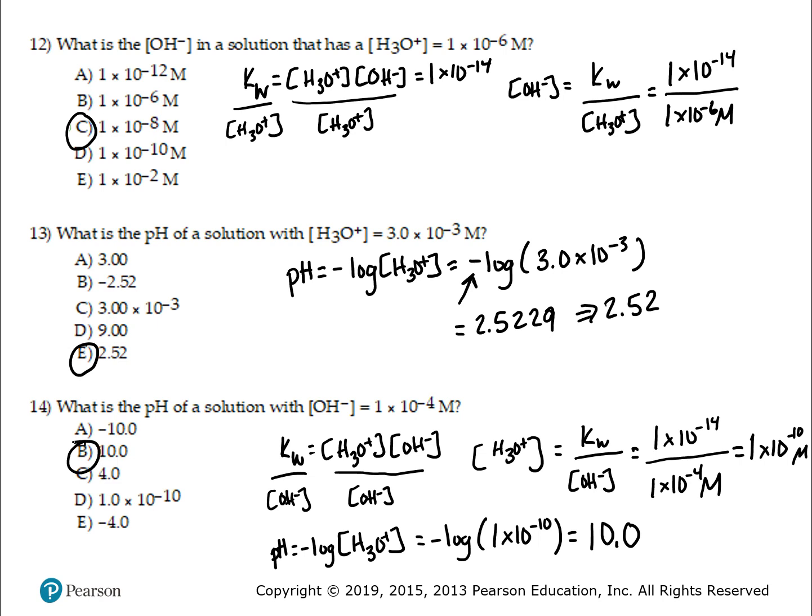You should get letter B. So this is all about manipulating the Kw and knowing how to use the pH equation. Questions, or are we ready to move on?